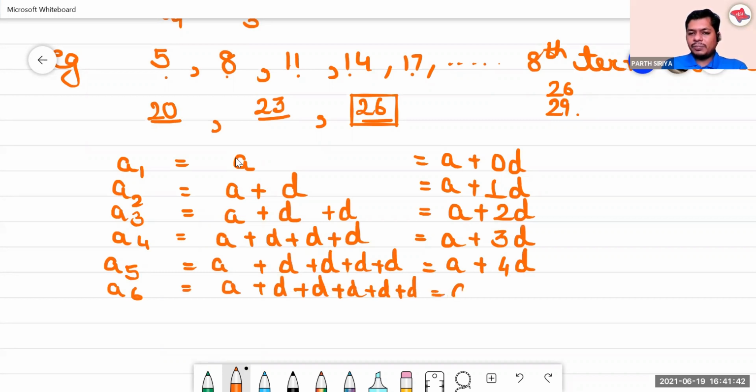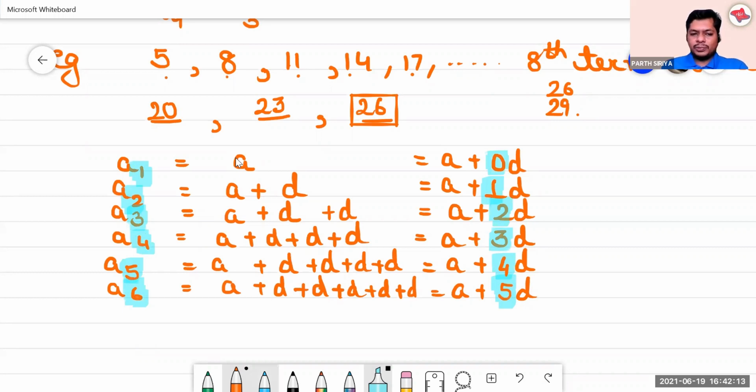And it will give you A plus 5D. You're seeing some pattern is being formed over here. Correct? A तो हमेशा 1 है, और यहाँ पे जो भी नंबर है on this side, if it is 6, here it is 5 times D. It's 5, 4 times D, 4, 3 times D, 3, 2 times D, 2, 1 time D, 1, 0 time D. Correct? There's a pattern being formed.